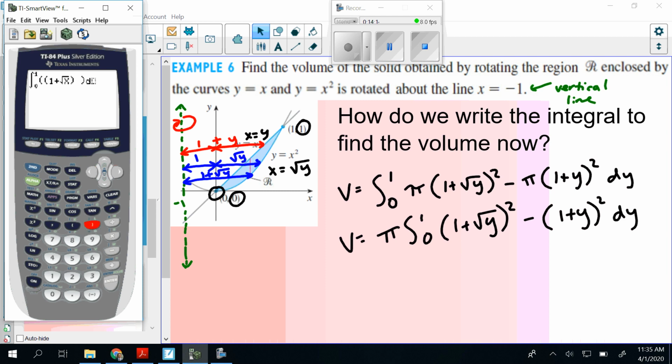Now outside of that, hit squared. And then we want to minus the other one, which is parentheses 1 plus y, but we'll use x instead, that quantity squared, and then get our dx in here, and we should get it. All right, so that's the answer there.